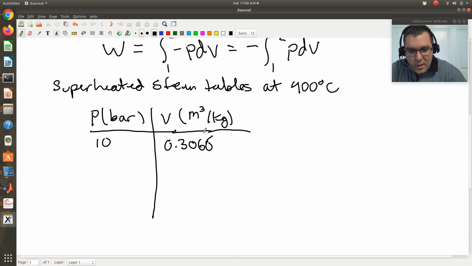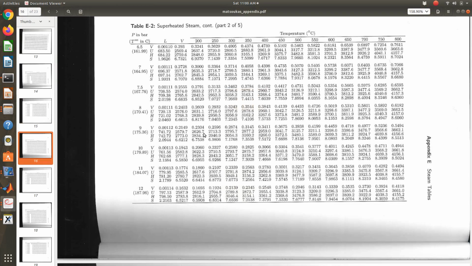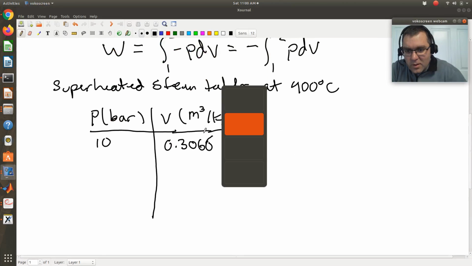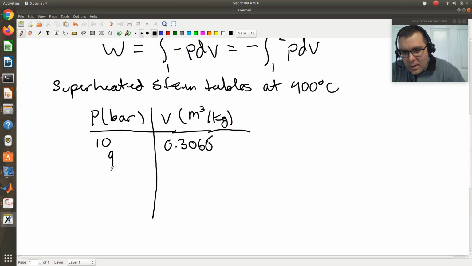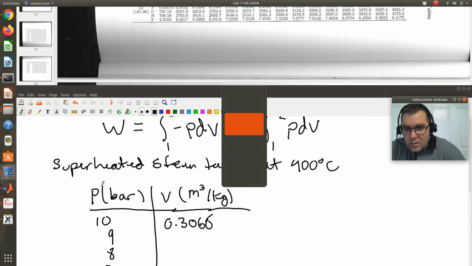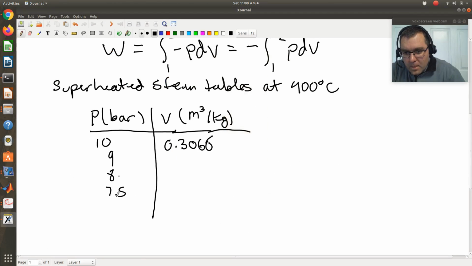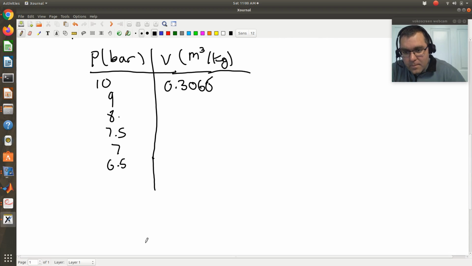Actually, to make it easier on myself, that's 10, 9, 8, and then it goes in increments of 7.5, 7, 6.5. Then they start to go in increments of half: 6, 5.5, and 5.